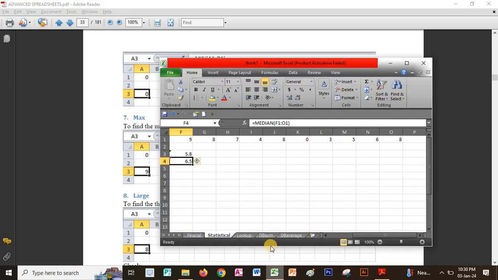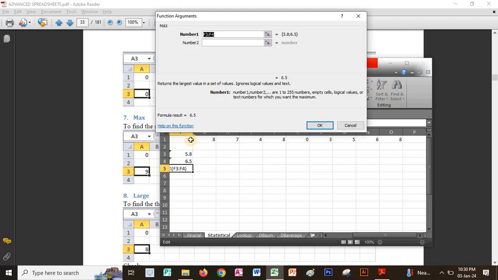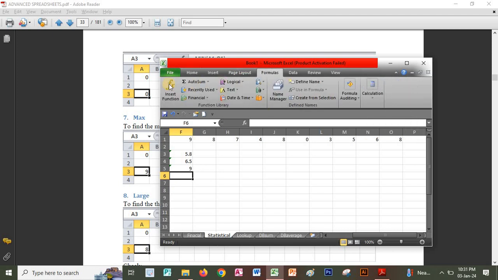If I am looking for max, by now I suppose you are comfortable finding the exact function. You just click function here, or like I said some time back, you can also find functions from here, or you can go to formula and insert function from there, but it is much quicker to do it from here.